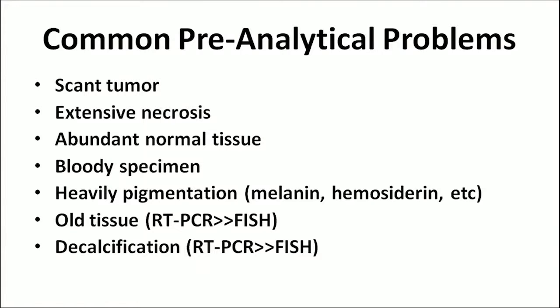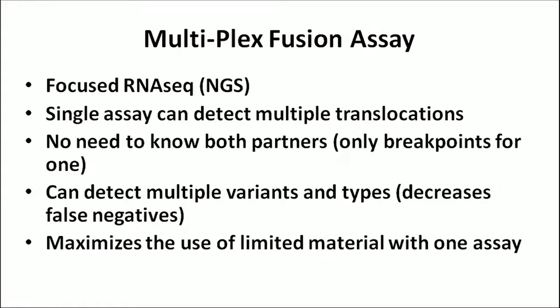Really old tissue that's formalin fixed is sometimes challenging. RT-PCR is more sensitive to this than FISH. And then decalcification is really bad for nucleic acids, particularly for RNA, and so with decalcified specimens, it's a real problem to apply RT-PCR techniques. So things are starting to emerge with different approaches to these with multiplexed fusion assays.